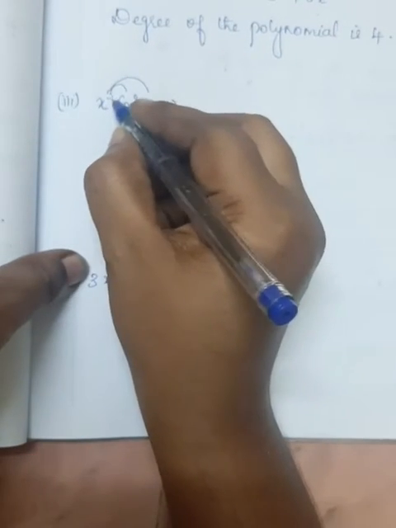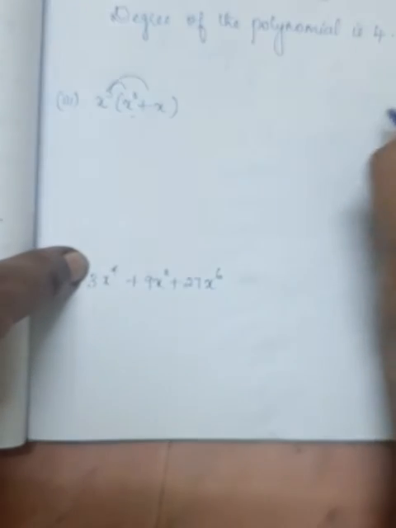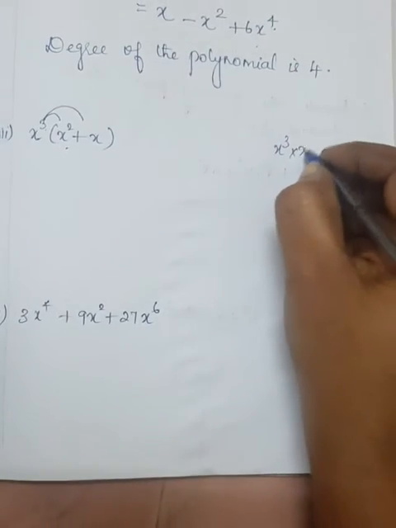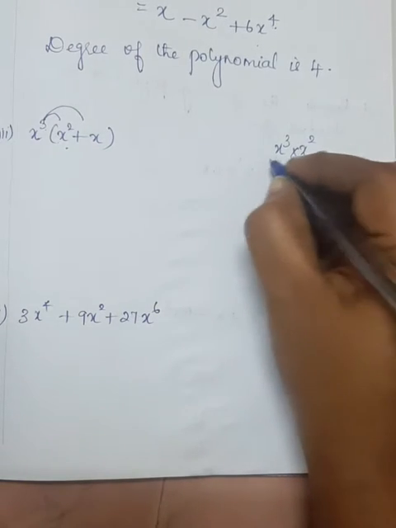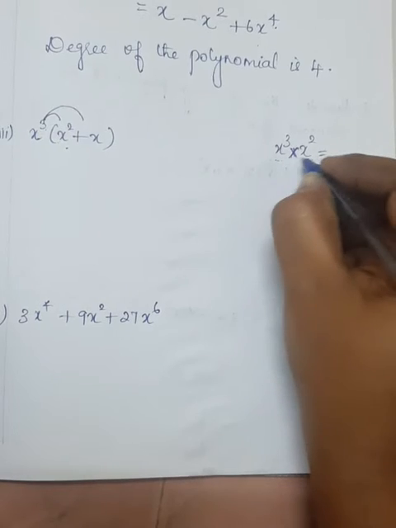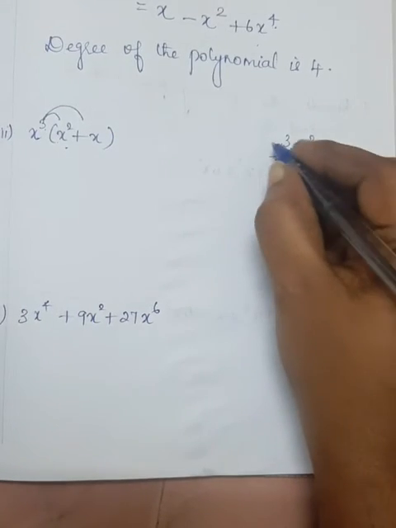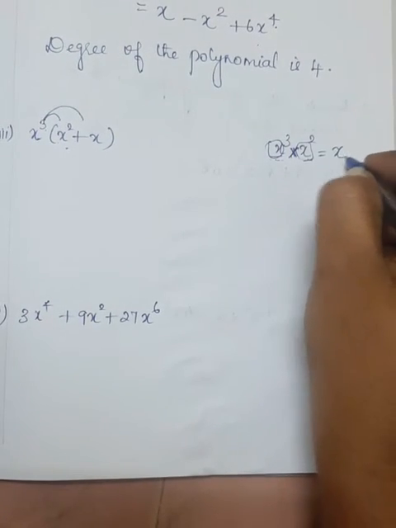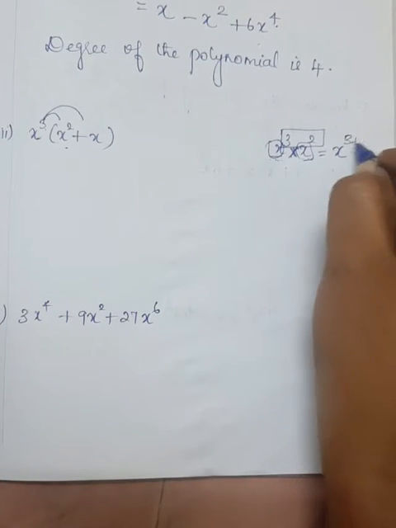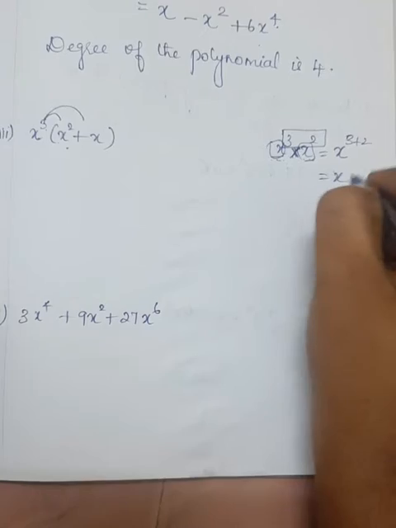So x cube into x square. See here, x cube into x square means same base, means when you have multiplication sign in between and if you have same base value x and x means you have to write the base value one time and you have to add the power. So 3 plus 2 is x power 5.